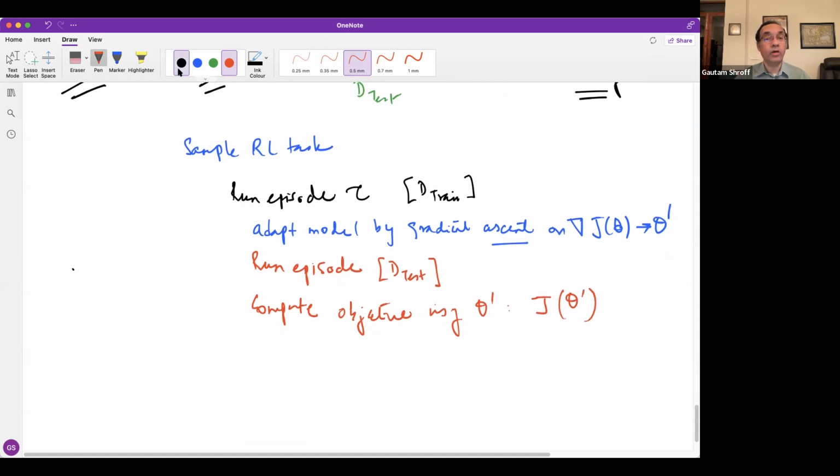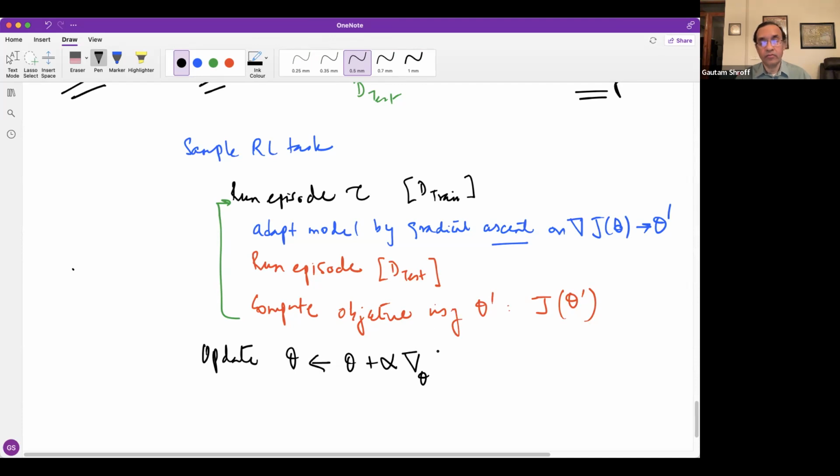And after doing all this, you may run a few more episodes, because in RL you typically will run a few episodes, not one. If it's a long episode, you get a lot of training data, but typically you won't have enough, so you might run a few more. And then you will update theta to theta plus alpha times the gradient with respect to theta.